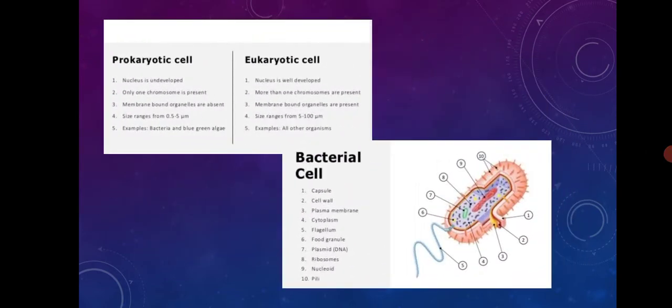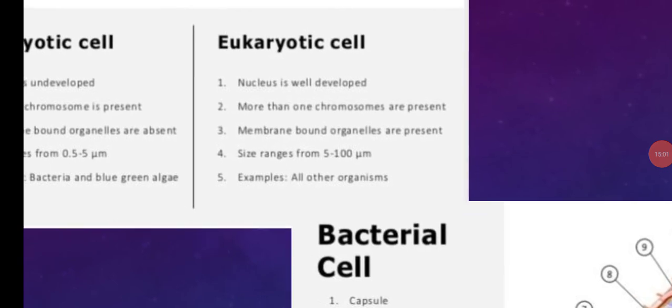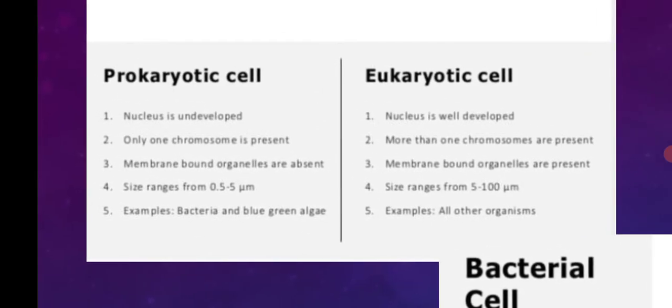After that, students, we will study the different types of cells. You know that there are two types of cells present on the earth. The first is the eukaryotic cell and the second is the prokaryotic cell. The prokaryotic cell is the first cell developed on the earth.